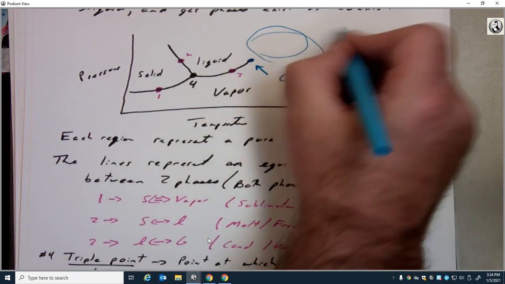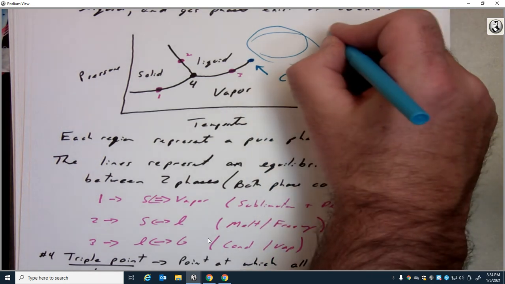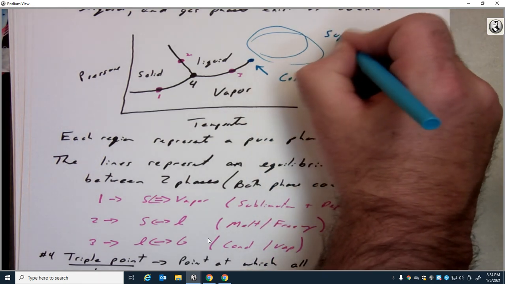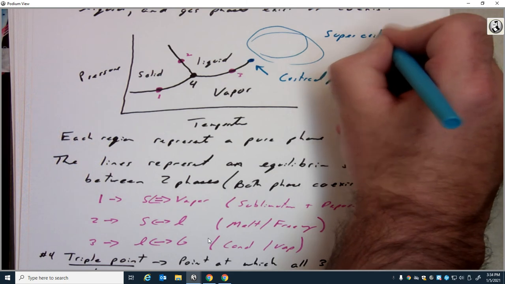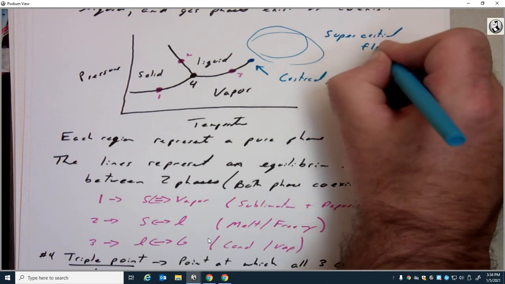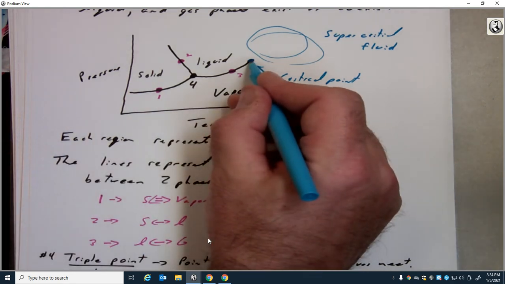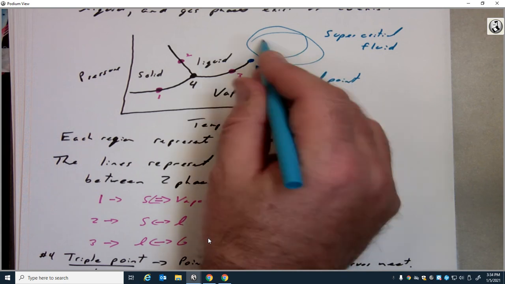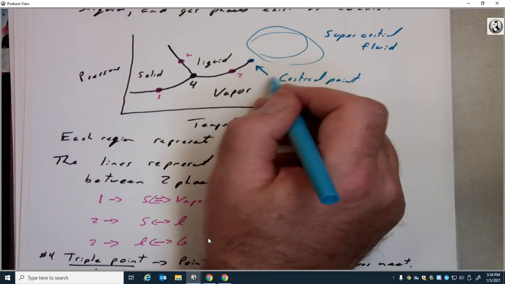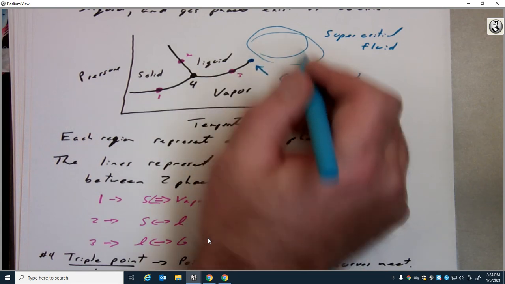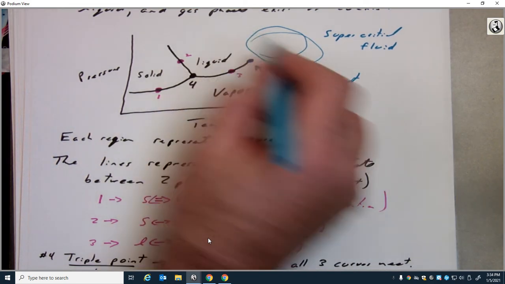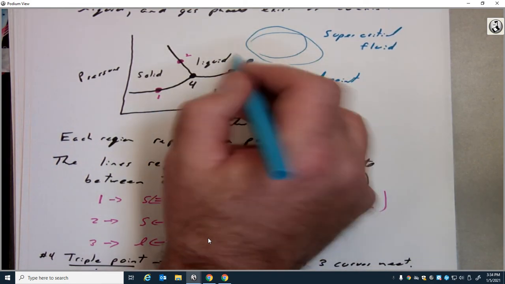And above the critical point in this area, we have what's called a supercritical fluid. Once we get above this critical point, it's no longer a vapor, it's no longer a liquid, and that substance is indistinguishable between them.